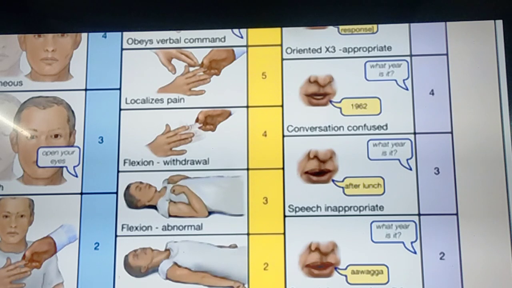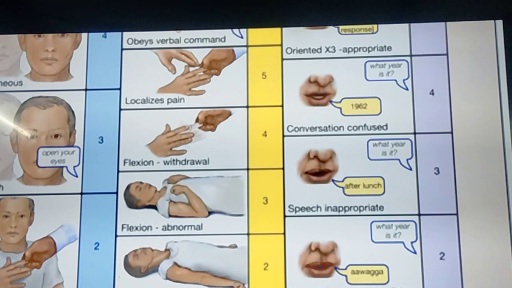Then next is, if the patient is not able to speak words but is just making sounds. You are asking the patient something and they are just moaning and groaning, making only incomprehensible sounds, like that. When we groan, when we moan, how we make those sounds, they are just making some incomprehensible sounds.